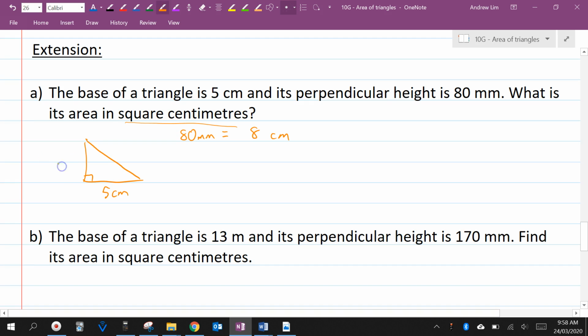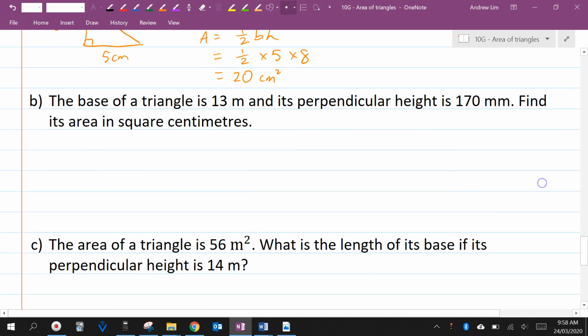So I'm going to replace this with 8 centimeters. And therefore the area is equal to half times base times height. Half times 5 times 8. 5 times 8 is 40. Half of 40 is 20. And that's the area of the triangle.